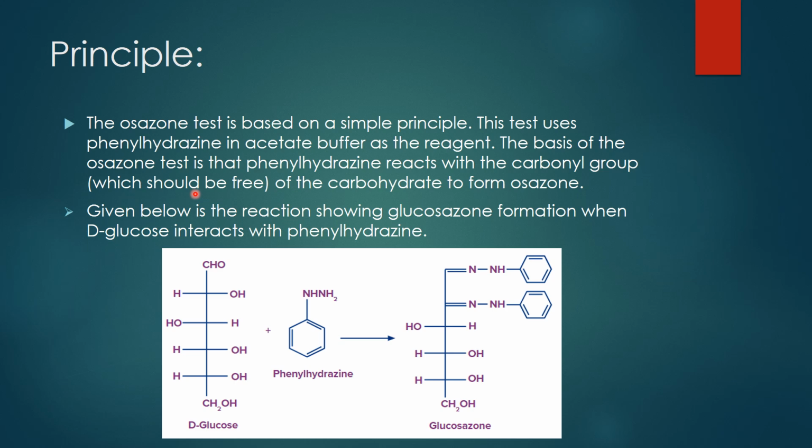Okay, so the principle of this test is that the phenylhydrazine reacts with the carbonyl group, which should be free in the reducing sugars of the carbohydrate, to form osazone.